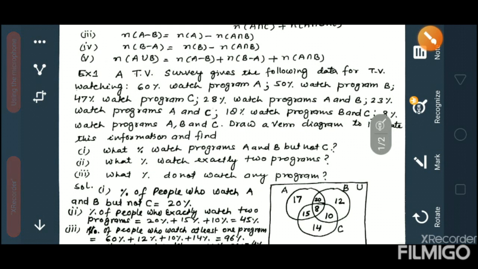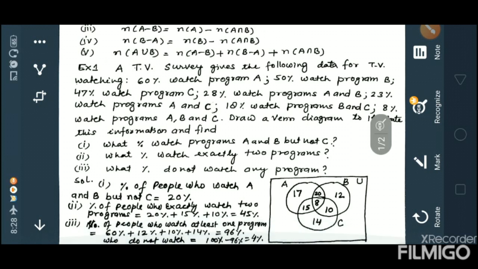a TV survey gives the following data for TV watching. 60% watch program A, 50% watch program B, 47% watch program C, 28% watch programs A and B, 23% watch programs A and C, 18% watch programs B and C, 8% watch programs A, B, C, meaning all programs.